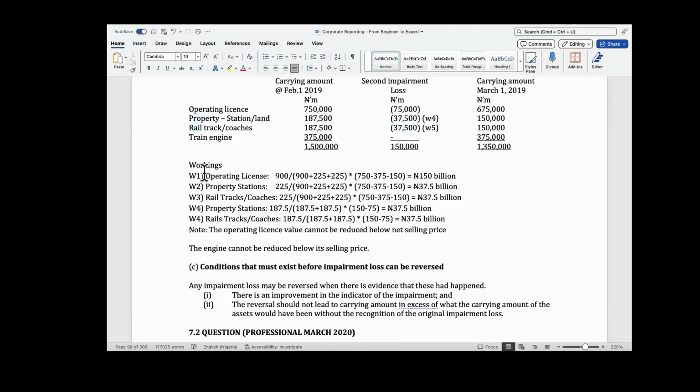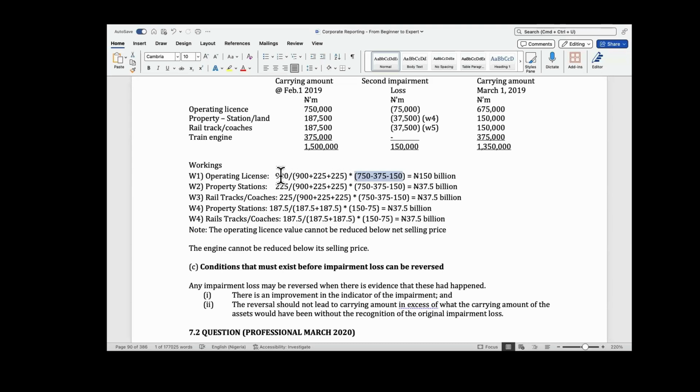For the operating license, I will just do 900, which is the value of the license, over the addition of the value of the three assets, multiplied by the 225. I intentionally break it down, which is 750 minus the 375 we allocated to the engine, minus 150 we allocated to the goodwill.